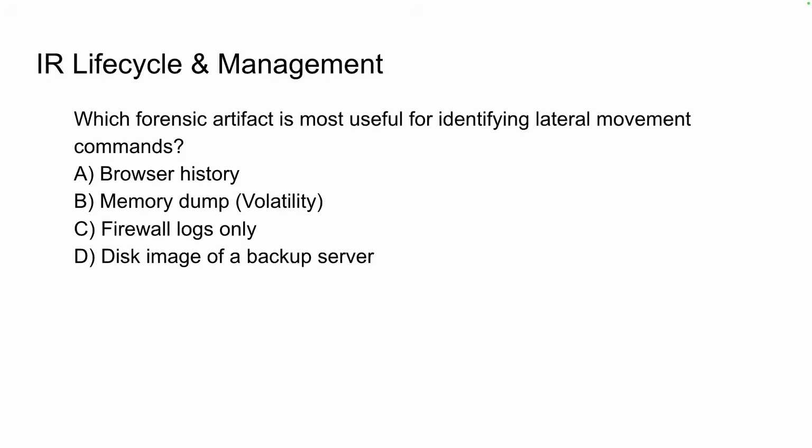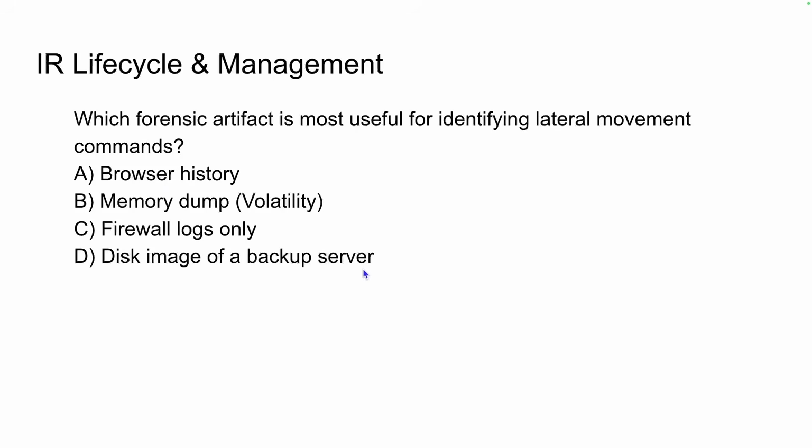Which forensic artifact is most useful for identifying lateral movement commands? Okay, great, this is a really good question. We have browser history, memory dump, firewall logs, disk image of a backup server. At first glance, I would say memory dump with Volatility. Firewall logs, not necessarily, because they just talk about what goes in and out of our network. Browser history, not necessarily, because we're talking about lateral movement commands that would happen on a terminal, so it doesn't have anything to do with the browser.